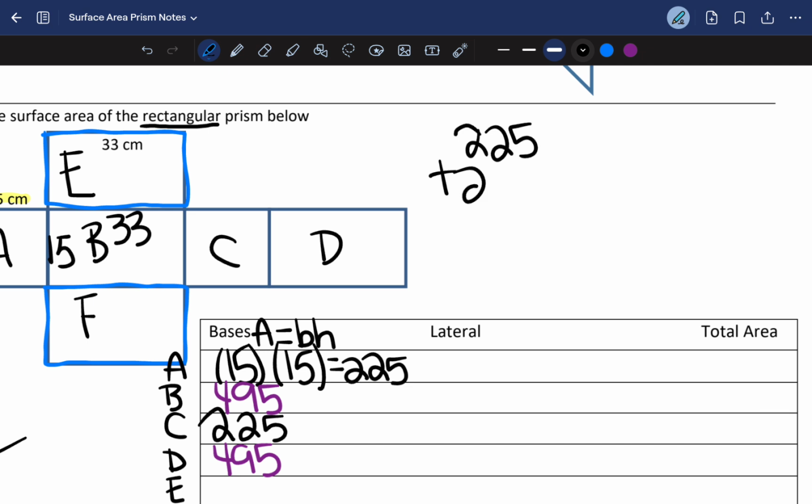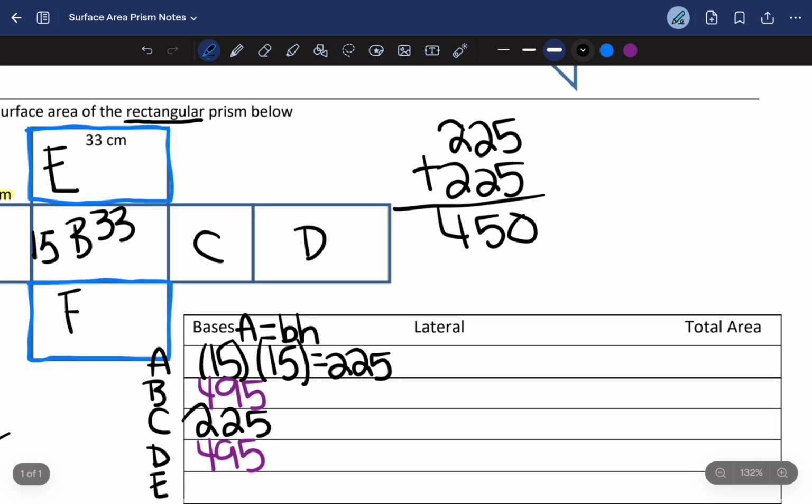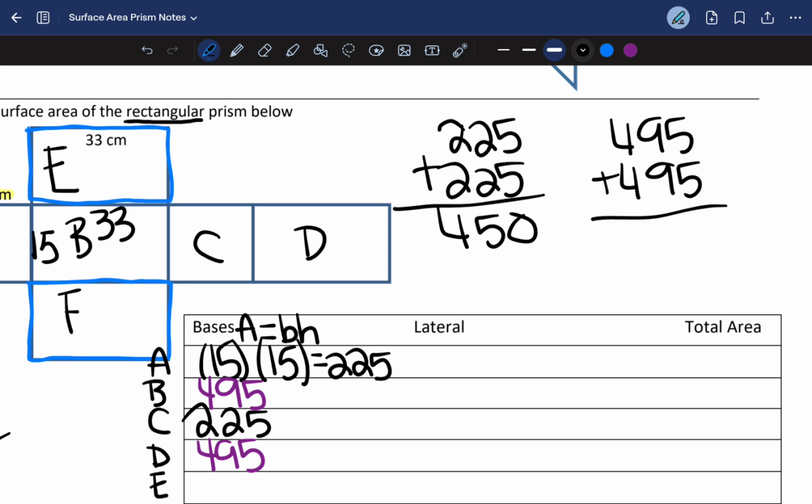It honestly doesn't matter, just whatever way you find easier. So if you add these two up, you get 450. And then we would have to do the same for the 495. So you could do 495 plus 495.